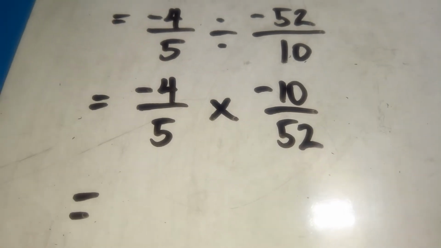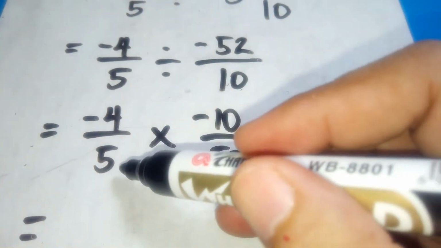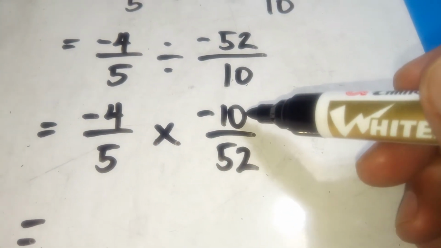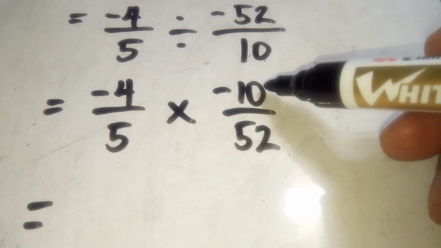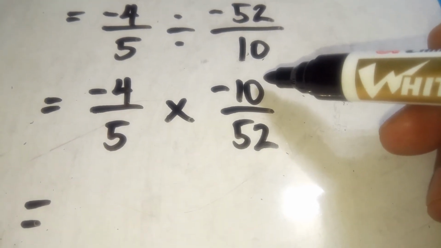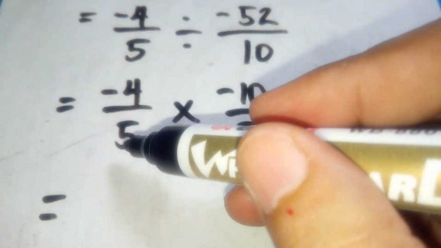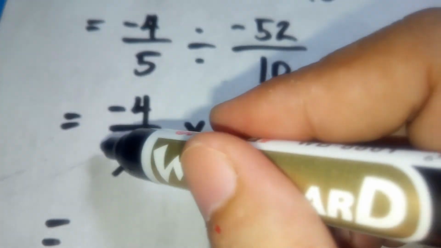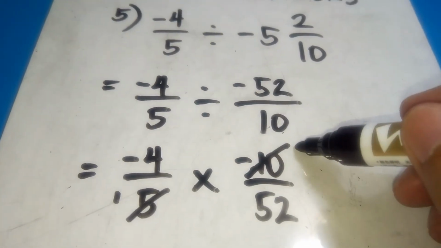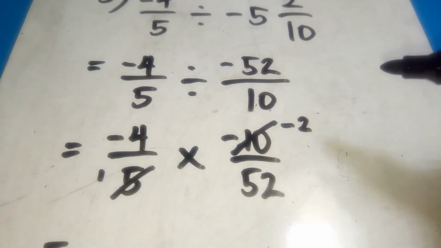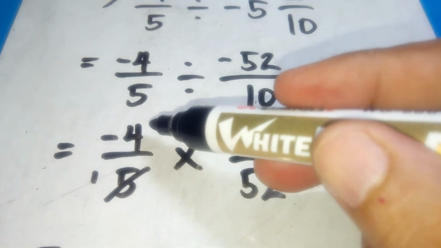As you can see, we can apply cancellation when it comes to 5 and negative 10, because one of the factors of negative 10 is 5, so that's negative 2 times 5. This one is 1 times 5, so this will be cancelled out. The remaining factor here will be 1, and here the remaining factor will be negative 2. When it comes to 52 and negative 4, we can also cancel.